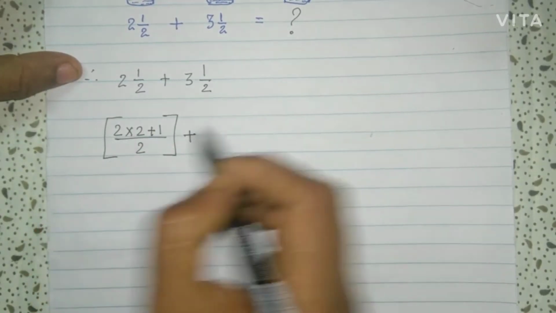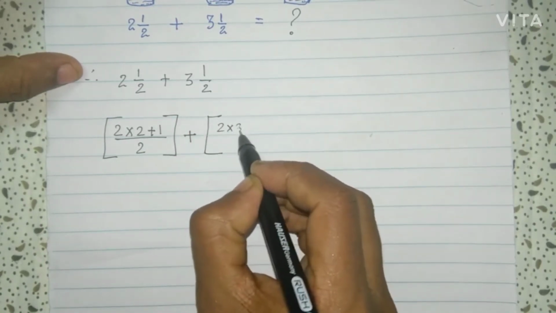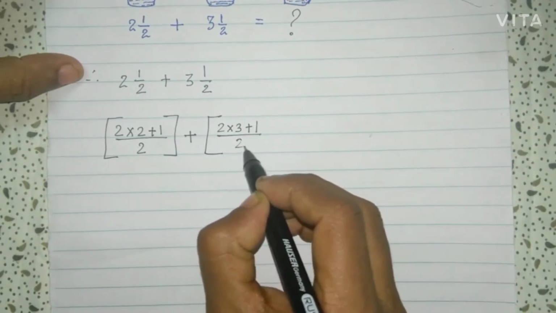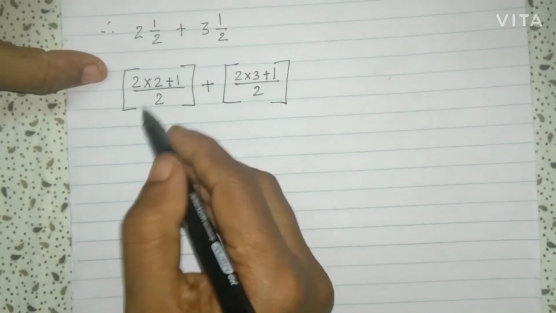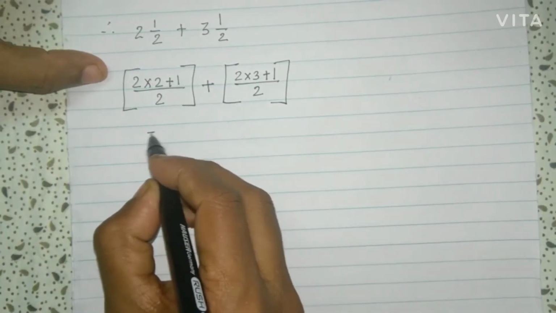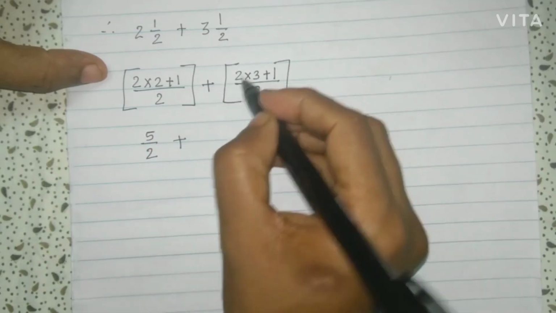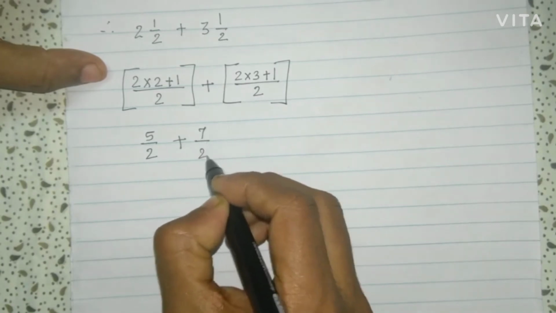Use bracket so that you don't get confused. 2 3s are, then plus 1 and back to denominator 2. Okay, so 2 2s are 4, 4 plus 1 is 5 upon 2. Then this addition, 2 3s are 6 plus 1 is 7 upon 2.